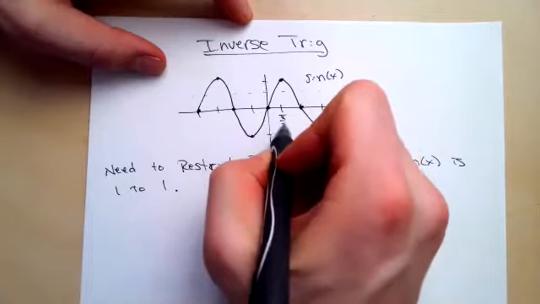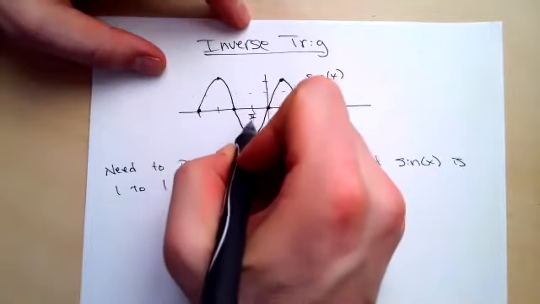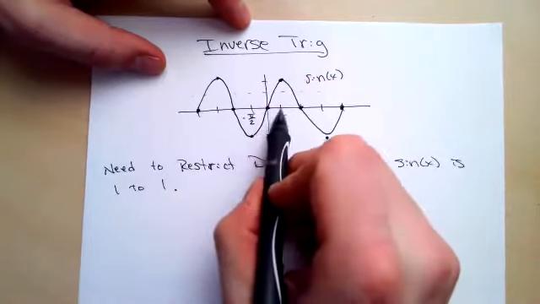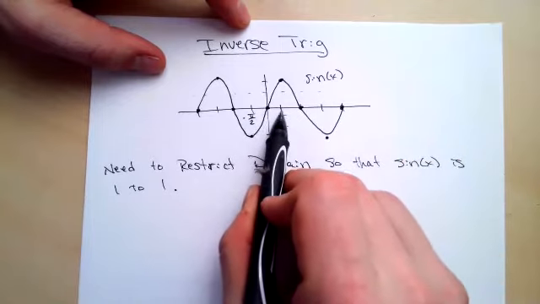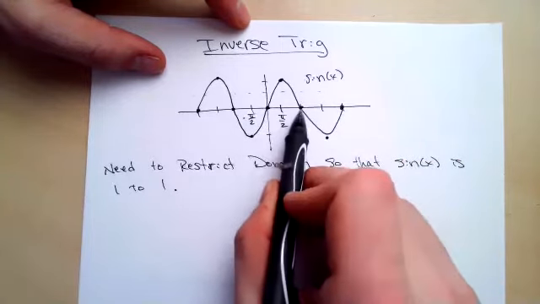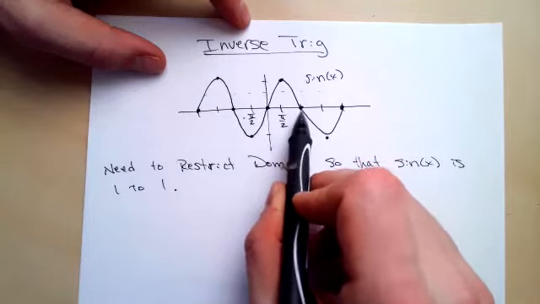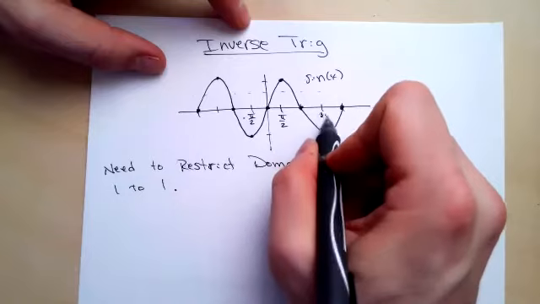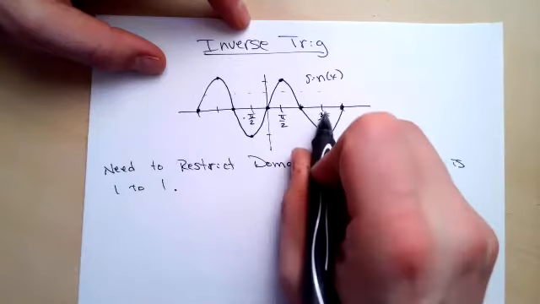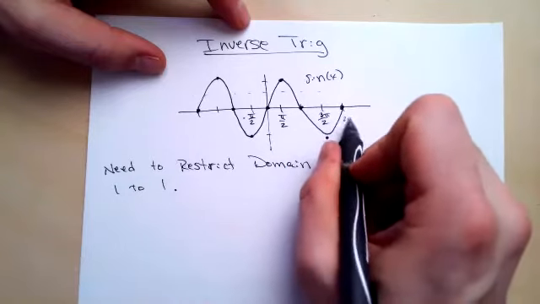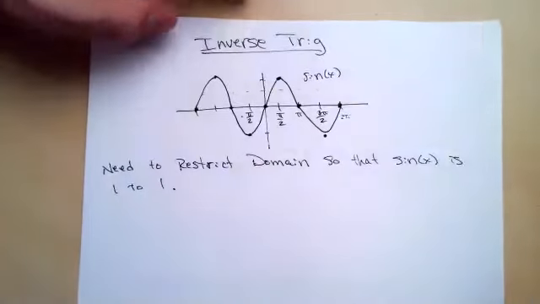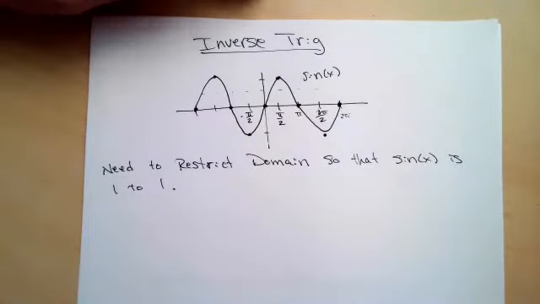Each of these tick marks are pi over 2. So you can think each tick mark is a quadrant. So this is 0 to pi over 2 is quadrant 1 values, pi over 2 to pi, quadrant 2 values, pi to 3 pi over 2, quadrant 3, and then 3 pi over 2 to 2 pi, quadrant 4.